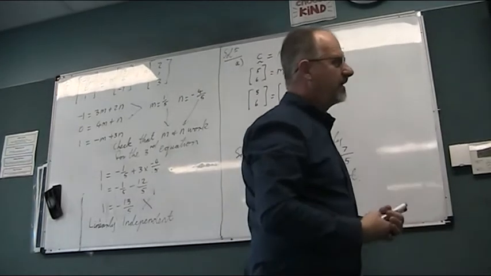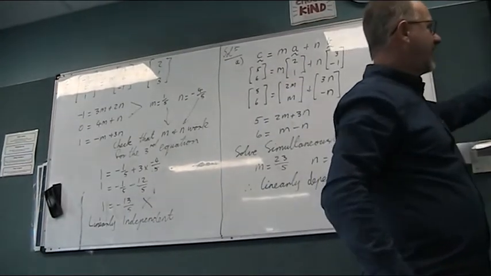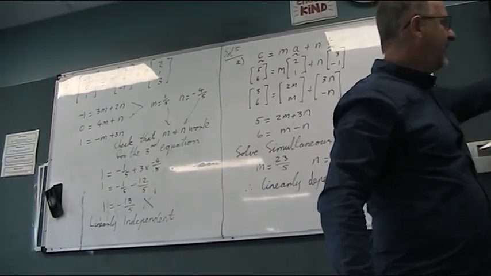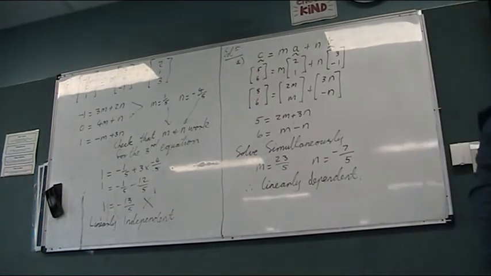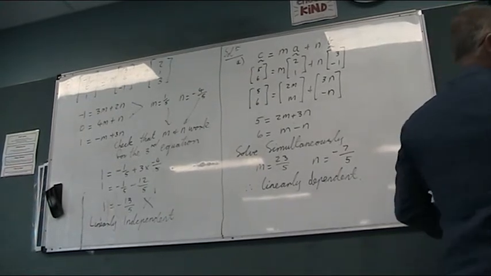And so what do we know about A hat, or unit vector A? It points in the same direction as vector A, but it has a magnitude of 1.